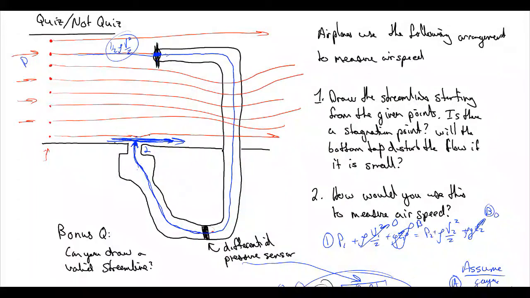And if the pressure in the tube is not the same as right here at the entrance of the tube, then fluid will flow in this direction until the pressure is equal, which basically means that the density of the air increases in here and the pressure increases until the pressure in this entire tube is equal to the pressure out here. Now, there can definitely be a lag if this tube is very large between the pressure out here and the pressure measured by the differential pressure sensor, but usually these tubes are very short to prevent that.